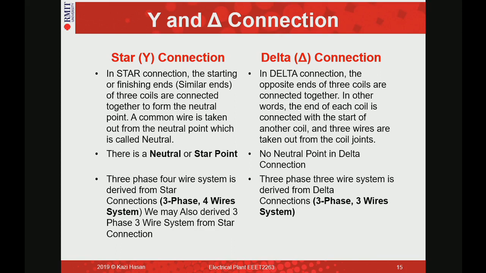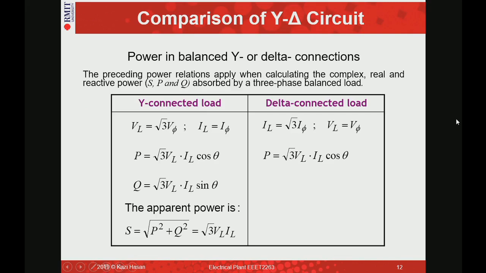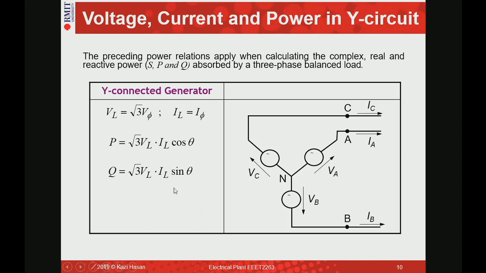In Y connected circuits, though it is three-phase, there can be 4 wire systems. How it works? It works like this. If we go to one of the Y connected circuits, for example here, there are 3 wires, A, B, and C. Maybe you see that there is another wire going from neutral. So sometimes there is a neutral connection in Y. The circuit arrangement could be different like this.